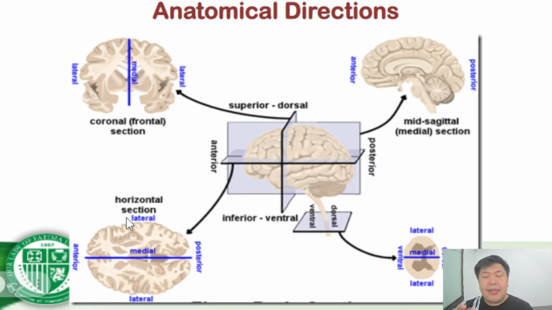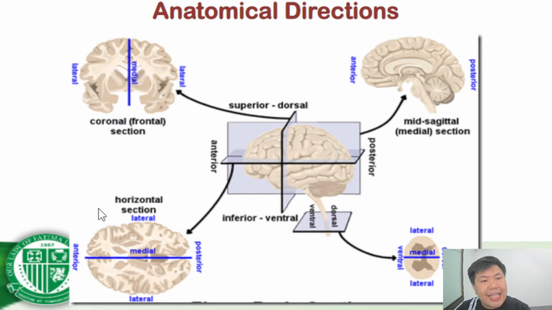Tinitignan mo yung brain mula sa ilalim. So, orient natin. This is the front part of the brain, so anterior. This is the back part of the brain, so posterior. This is the sides, left and right sides. So we call it lateral because it's away from the middle. And the midline is called medial. All right. So those are your anatomical directions.